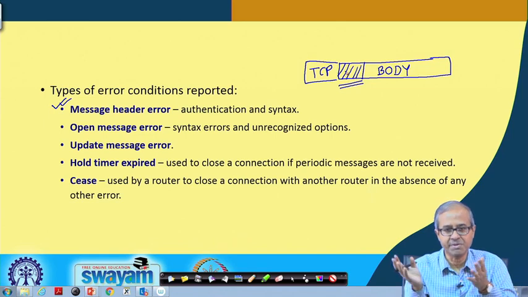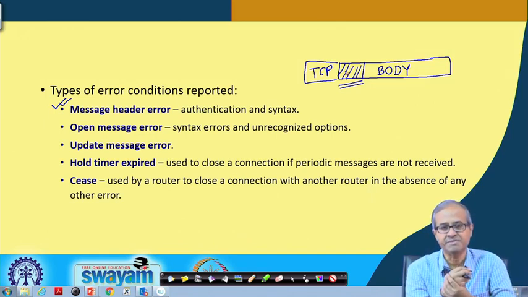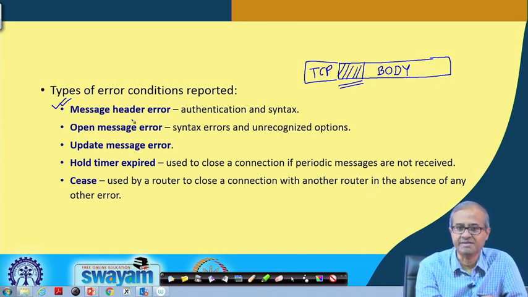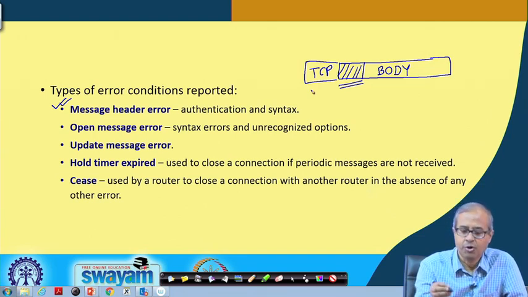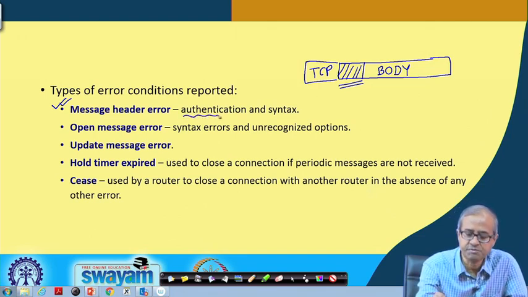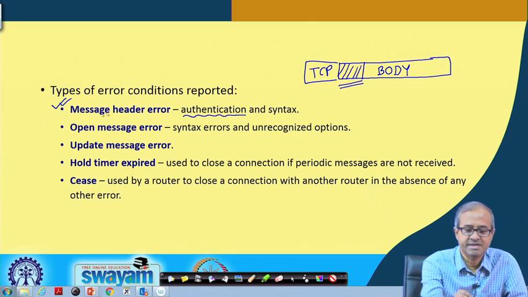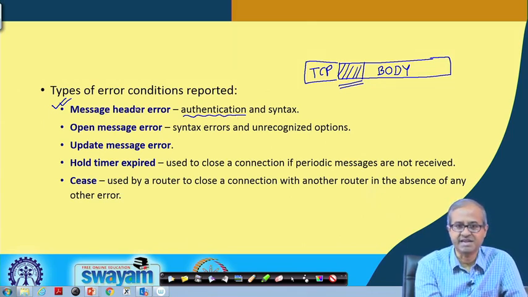Something might happen during transit, some bits might become changed, 0 may become 1, 1 may become 0. So, if there is some error in the header, either in the syntax some invalid values are there, or there is an authentication option I mentioned, some of the packets might get encrypted. If the encryption is somewhere wrong, so that the receiving end cannot decrypt it, they will be reported as message header errors.